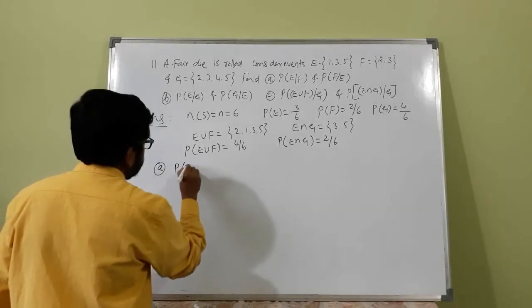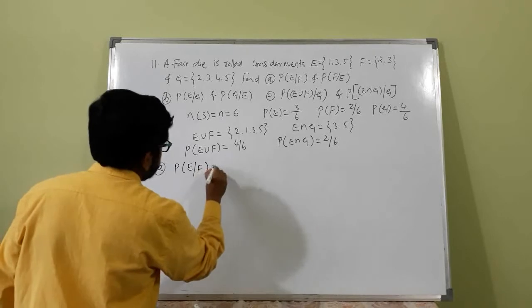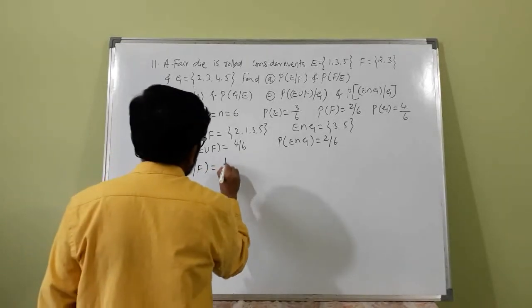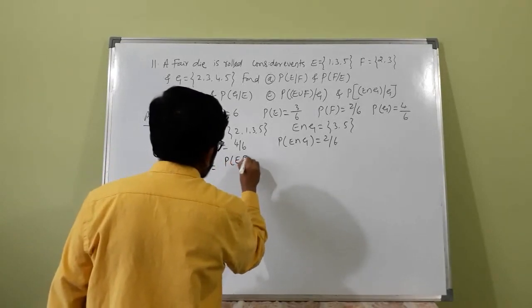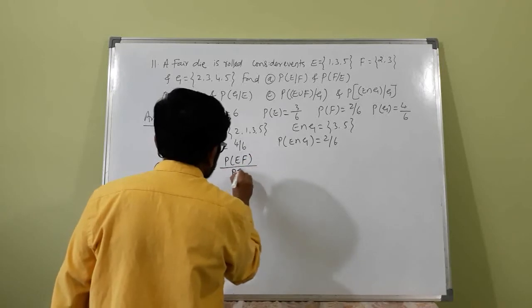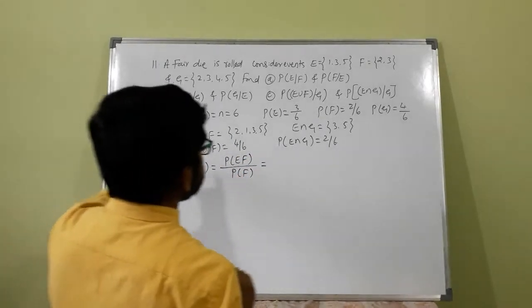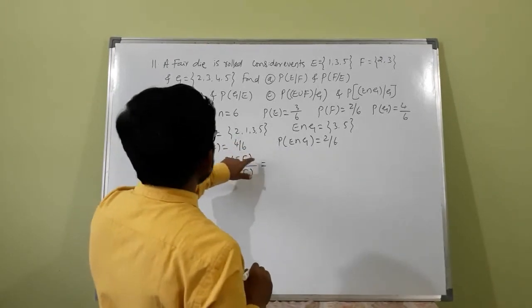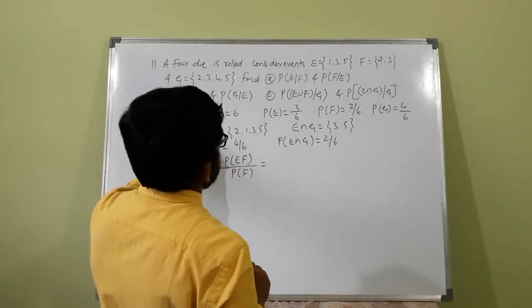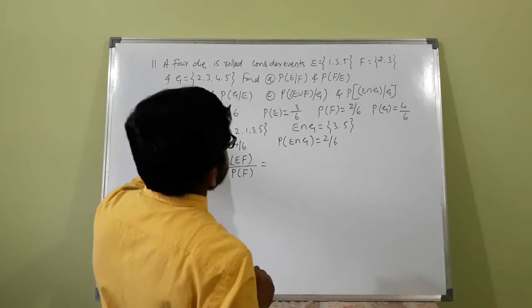Probability of E given F is probability of E intersection F divided by probability of F. E intersection F, where is it? Only 3.